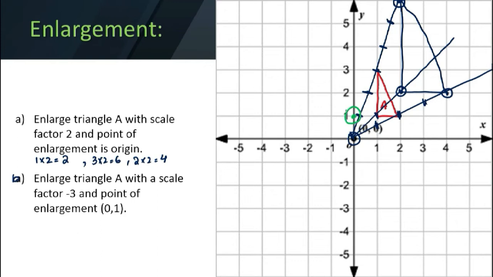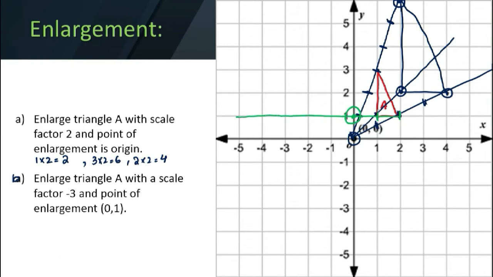Now when we join each vertex with this, we will extend the line on the opposite side of point of enlargement. Why? Because the scale factor is negative. As these two vertices are lying on the same line, if we join this with the point of enlargement, we will extend the line on the opposite side.